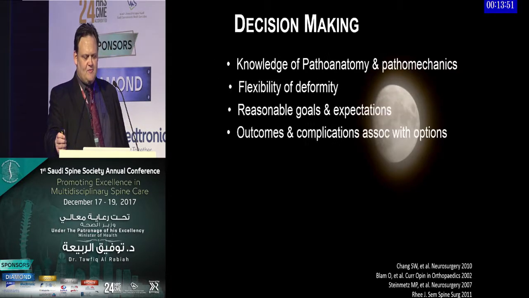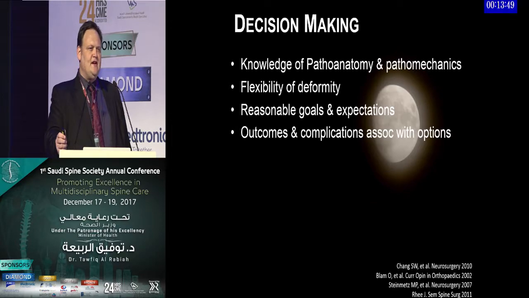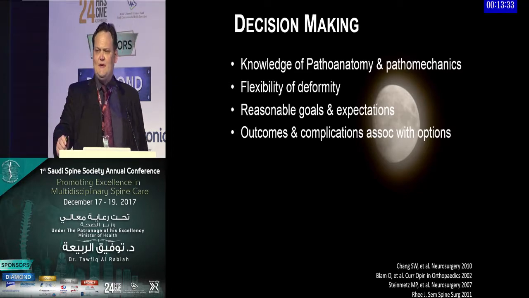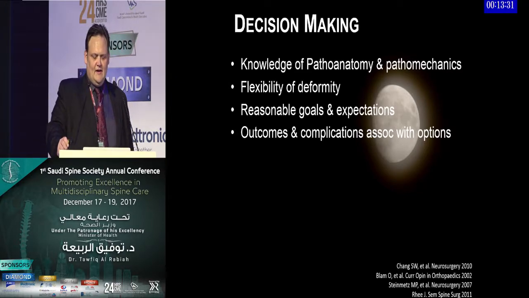In terms of decision making, it's important to understand spinal anatomy and spinal mechanics, but in particular, this patient's pathoanatomy and pathomechanics. The flexibility of the deformity is very important in decision making, but so too are a clear discussion with the patient and their family about goals and expectations of the procedure and the associated complications that can be attendant with these sorts of large operations.